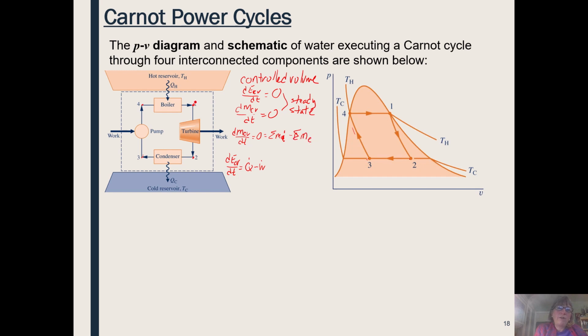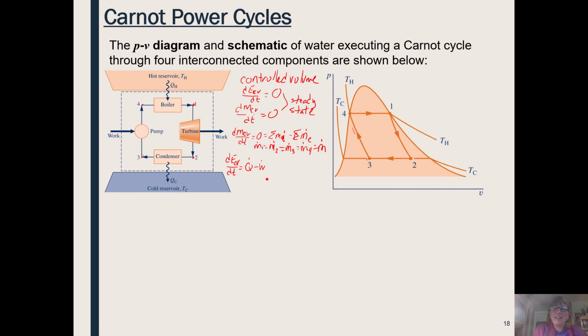And here we have one inlet, one exit at each stage of our process. So our mass at 1 is going to equal the mass at 2, which is going to be the mass at 3. And these are all rates, so I have to have that dot. Mass at 4. And I'm just going to call this m dot.